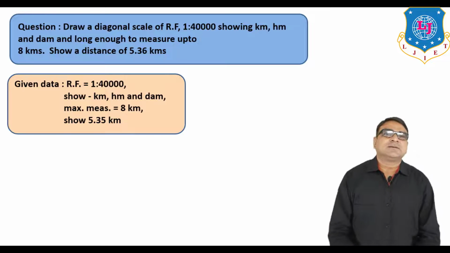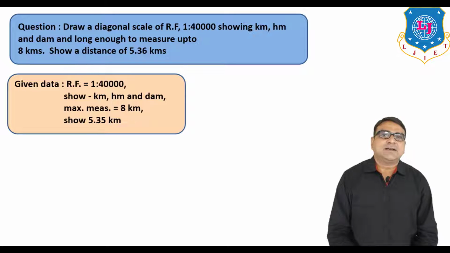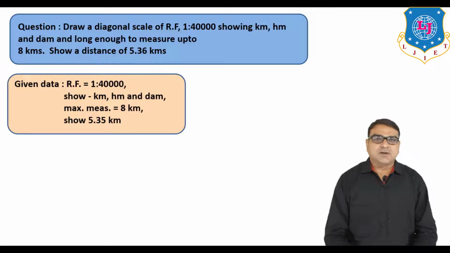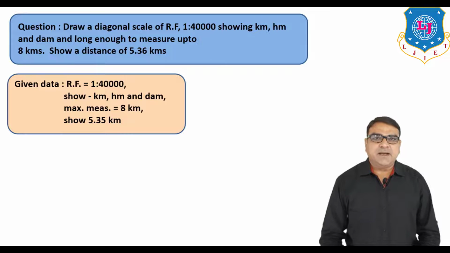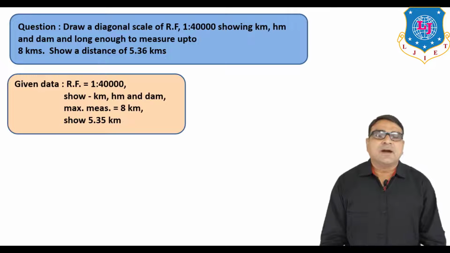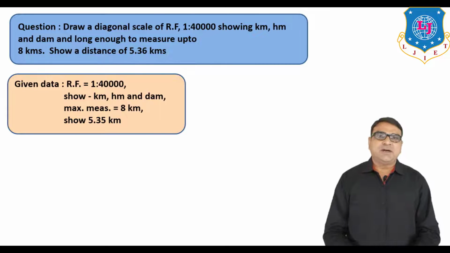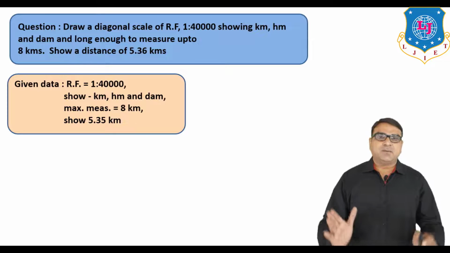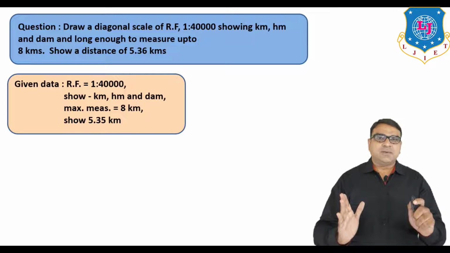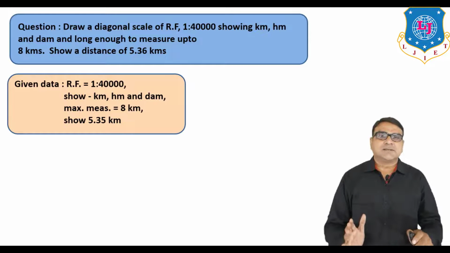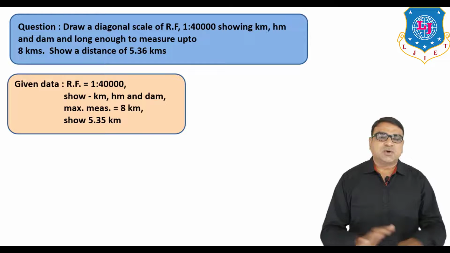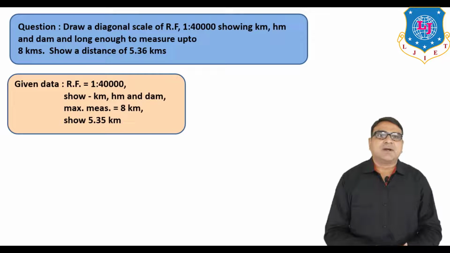The relation between these three is 1 kilometer is equal to 10 hectometer and 1 hectometer is equal to 10 decameter. Maximum measurement required in the scale is 8 kilometers. And after constructing the scale, we have to indicate 5.36 kilometers. 5.36 kilometers means 5 whole kilometers, plus 3 hectometers, plus 6 decameters.